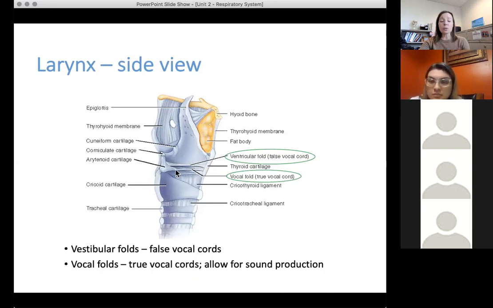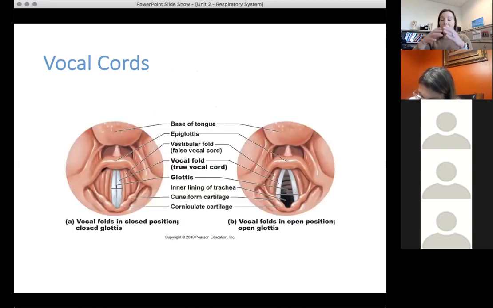The vocal folds are right underneath, and those are actually the true vocal cords. It's a pair of ligaments, so there's actually two of them. You're seeing just one half of the larynx with this view, so you're only seeing one, but there are two vocal cords.